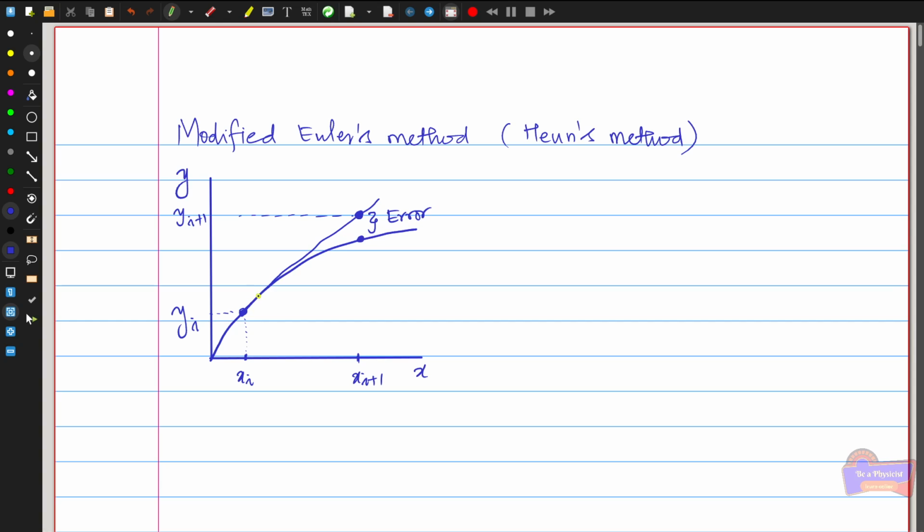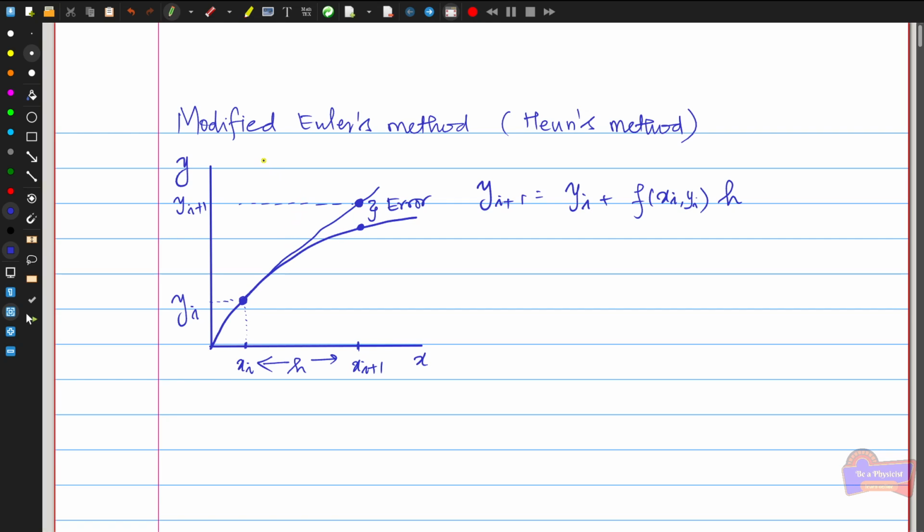This is how Euler's method works. We use the initial value and extrapolate the next value at some time step h, which is given by the equation y of i plus 1 equals y of i plus the slope f of x of i comma y of i times h. This is the Euler's method which we used to extrapolate the next solution.